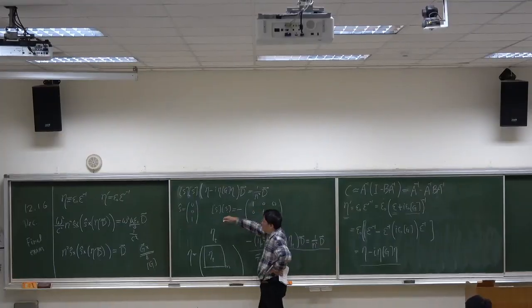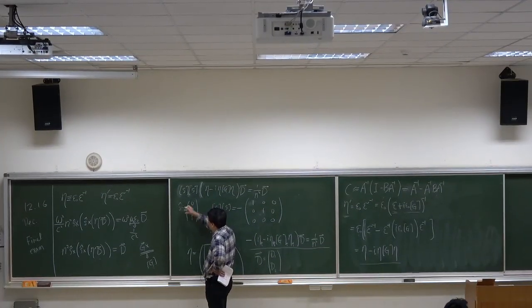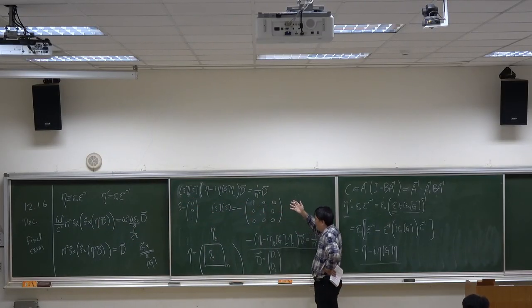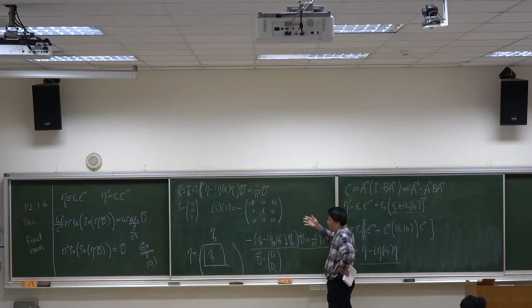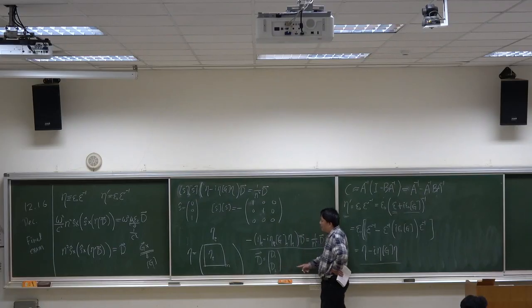We choose S to be along the third axis, and since the D vector is perpendicular to the K vector, D has first and second components but no third component.